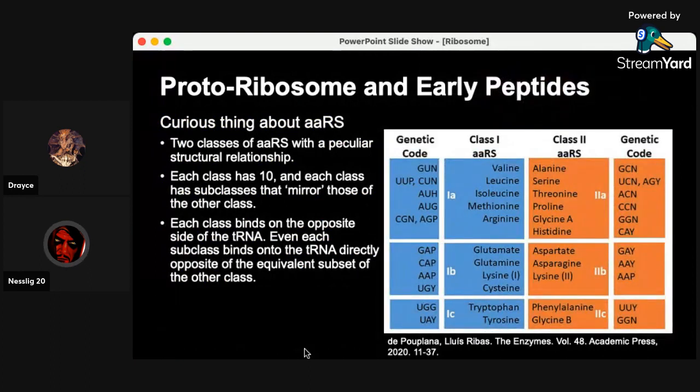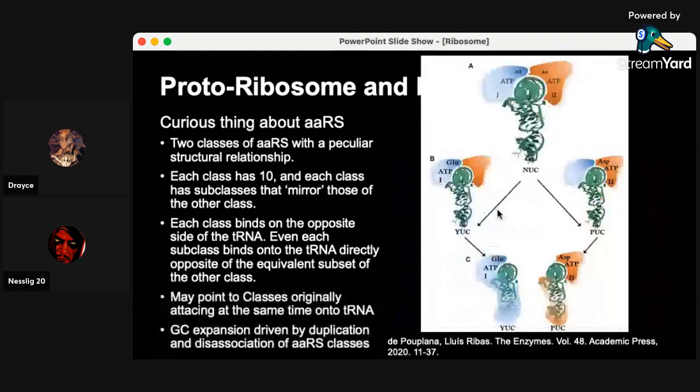One last thing about the AARS. They show a peculiar relationship where class 1 AARS and class 2 AARS bind to the opposite sides of the transfer RNA.